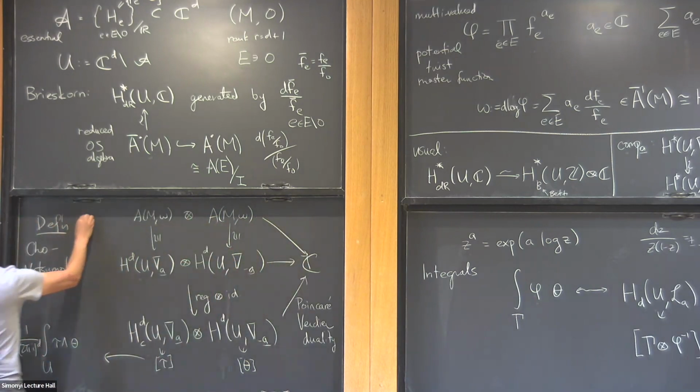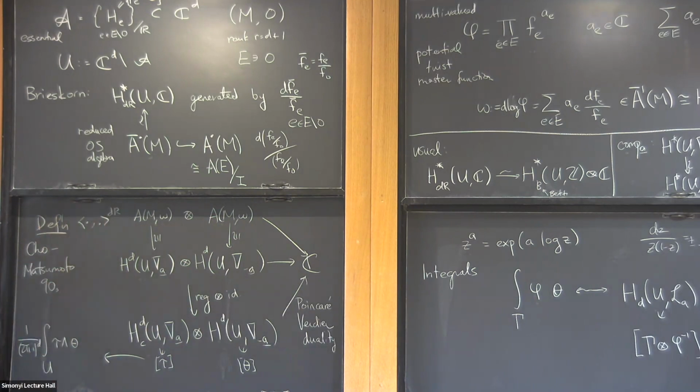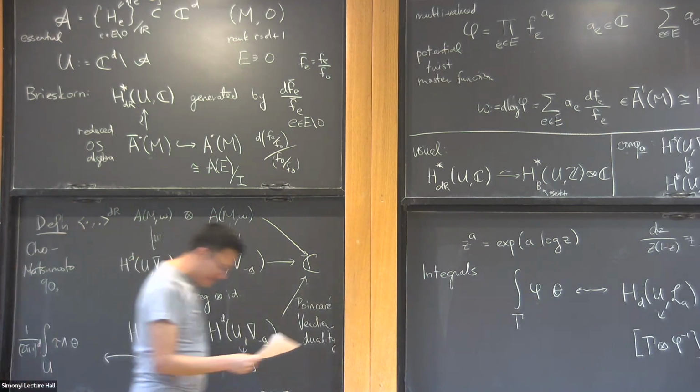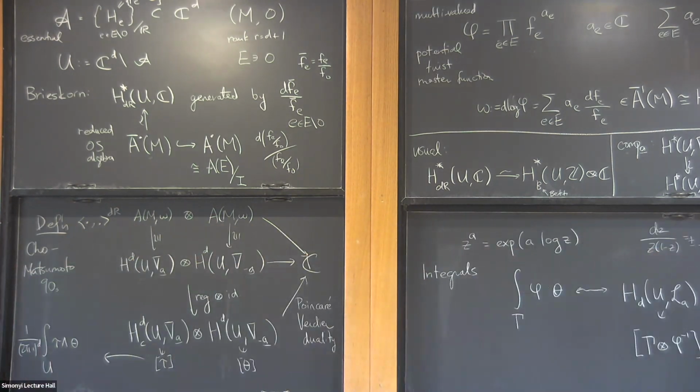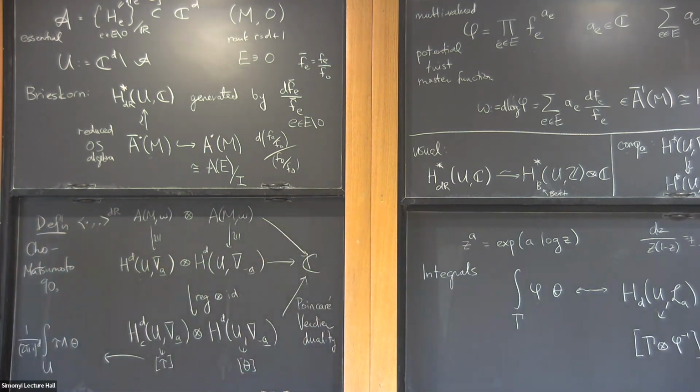And this is the thing that I'm going to denote the de Rham intersection pairing. This is the definition of the de Rham intersection pairing on the cohomology of the Orlik-Solomon algebra of a hyperplane arrangement complement.